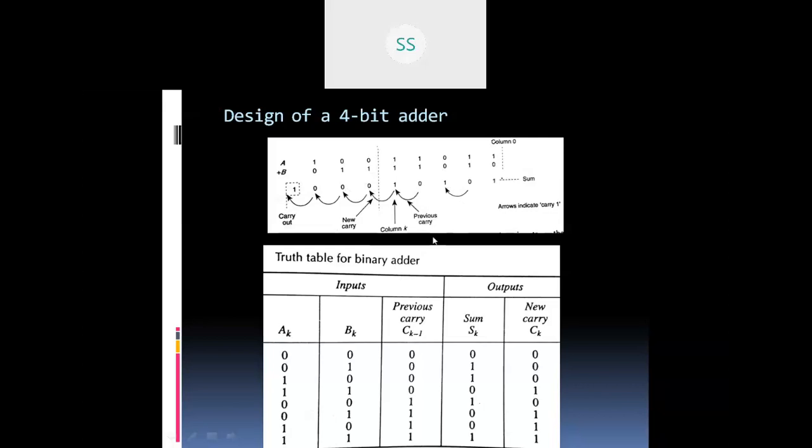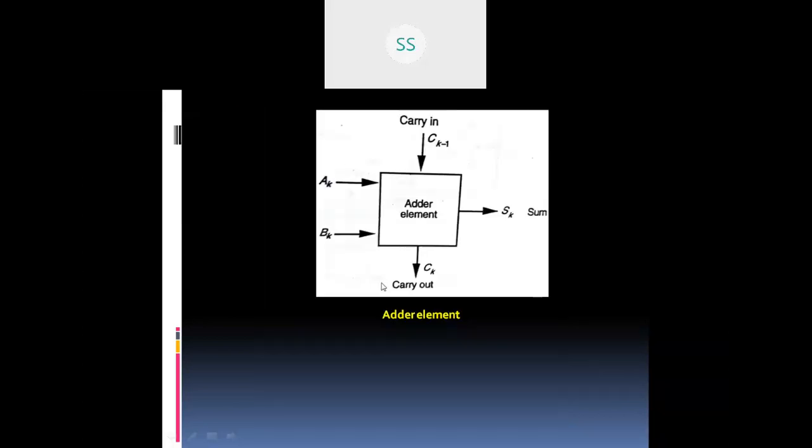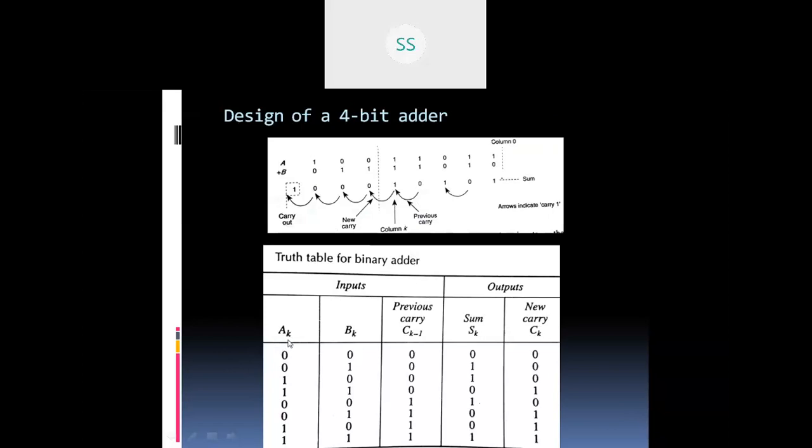Now if we consider AK and BK are the bits, A and B are of course the two inputs to the adder. K indicates which bit, the kth bit it is. If it is a 4-bit word, K can be 0, 1, 2, 3, 4 bits. Similarly the previous carry is indicated as CK minus 1. K is the present bit, K minus 1 is the previous bit.